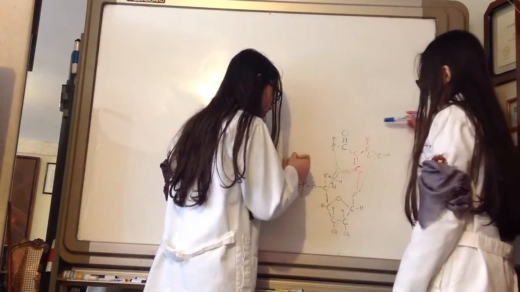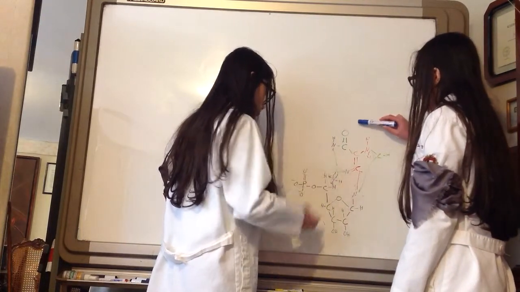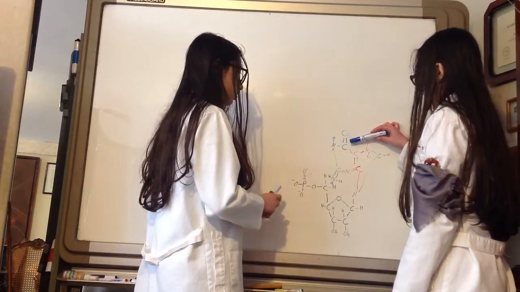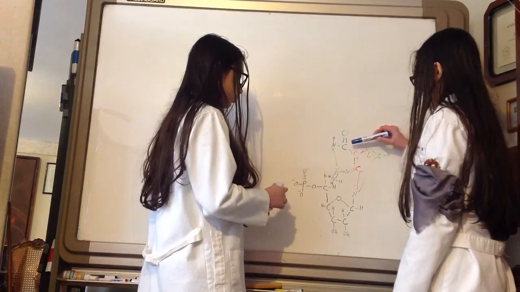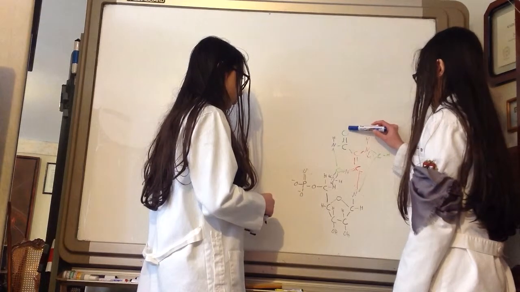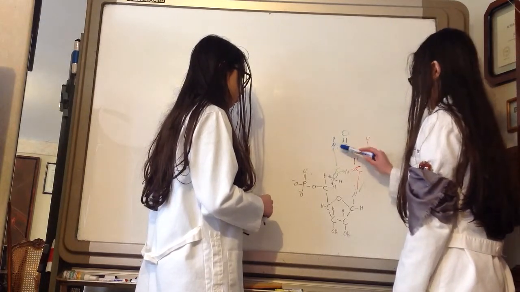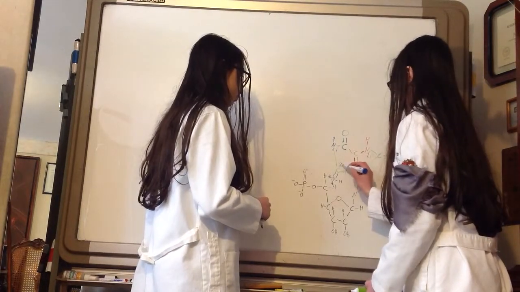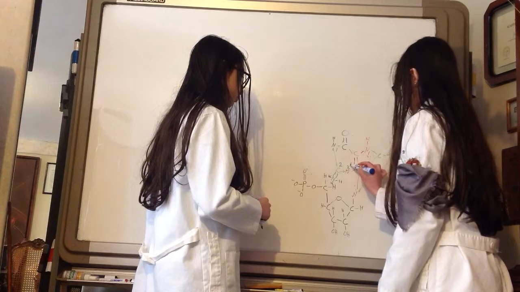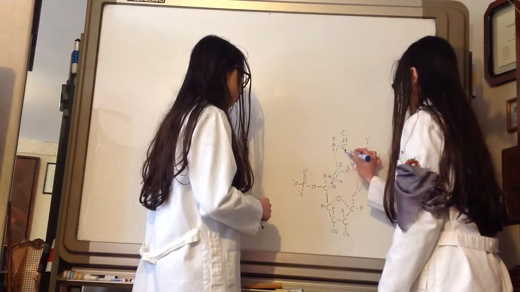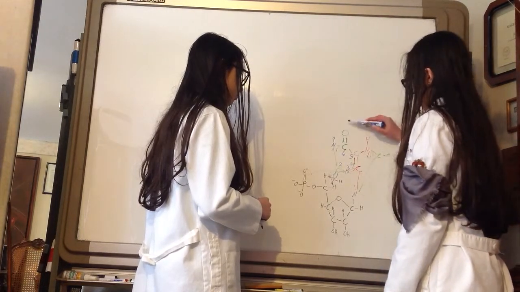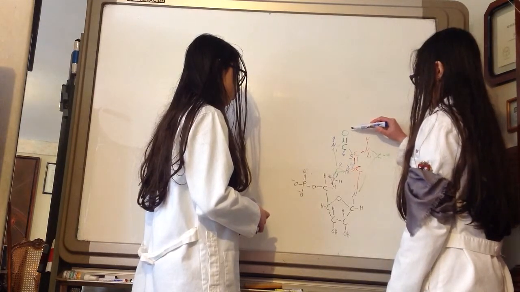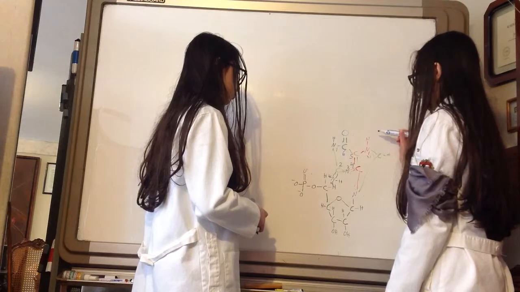So in the adenine, the amino group here in the 6th position, because this is the first position, second position, third position, 4, 5, 6, the amino in the sixth position of the adenine came from the amino group of the aspartate.